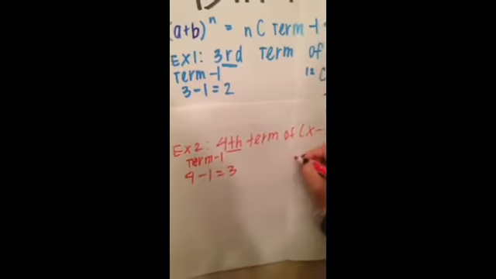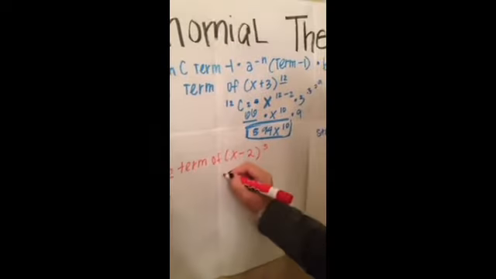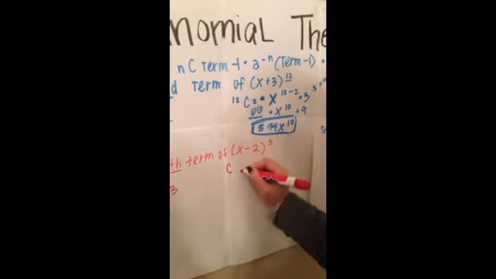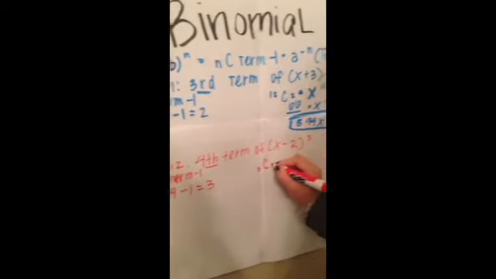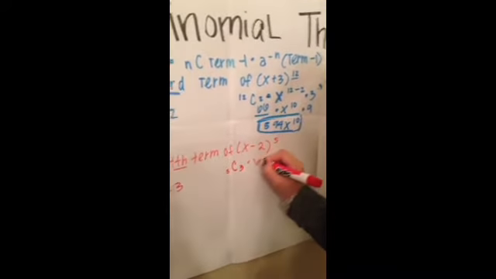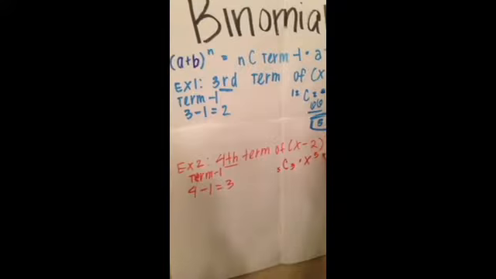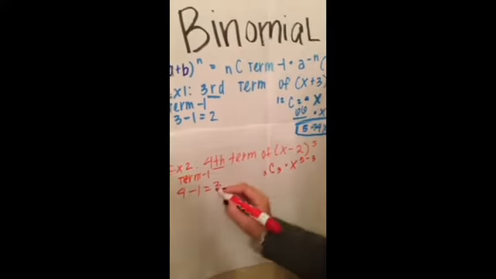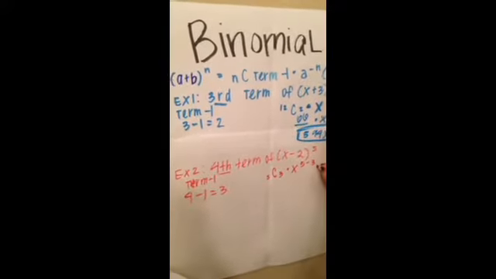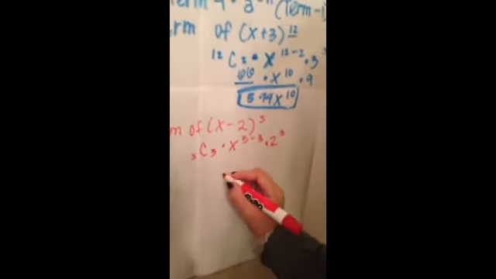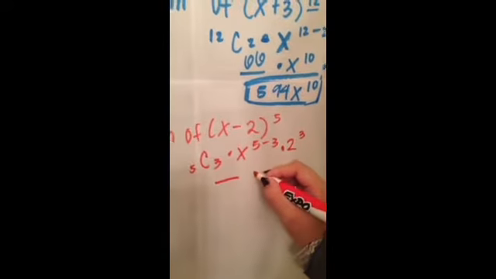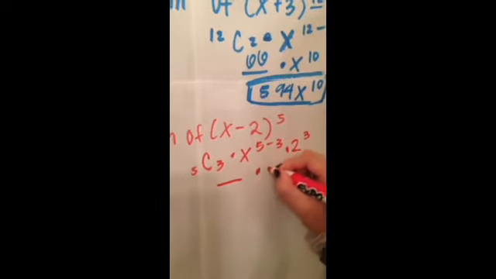And now you're going to set up the same equation, but plug in the different numbers that correspond with the equation. And then 5 minus 3 times 2 cubed. And then we're going to go back to this, like so.